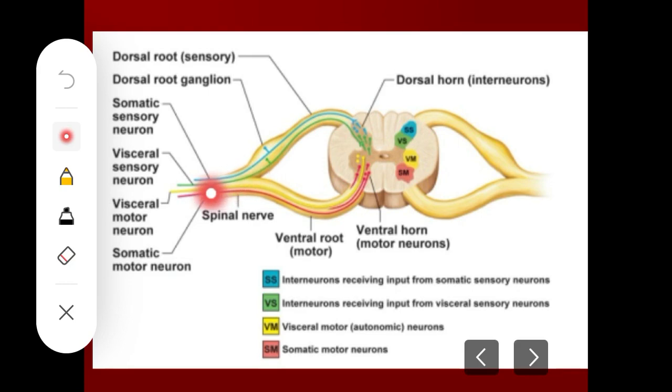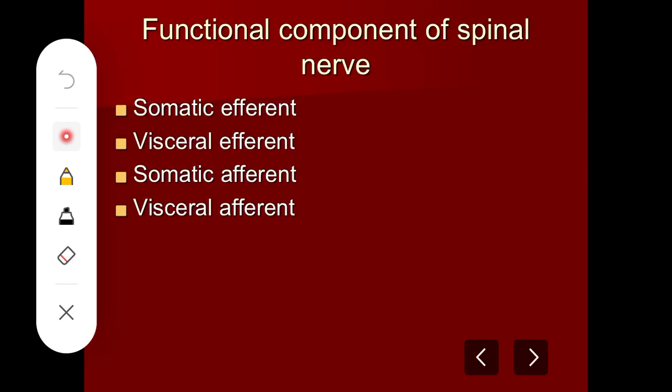These two join to form the spinal nerve, which has got two afferent and two efferent functional columns. Hope that is clear to you. Okay. So read that. The four functional components of a spinal nerve: somatic afferent, visceral afferent, somatic efferent, and visceral efferent.